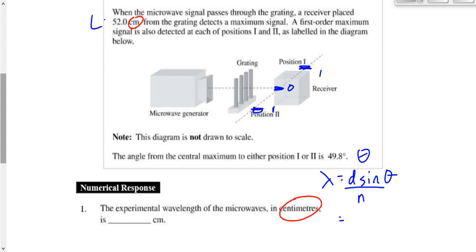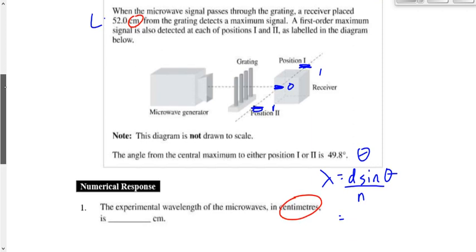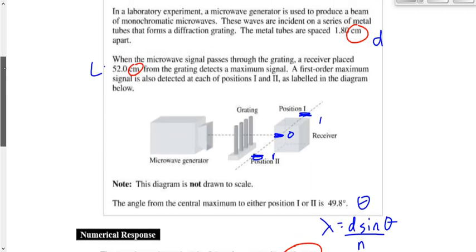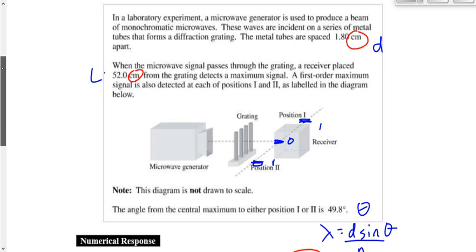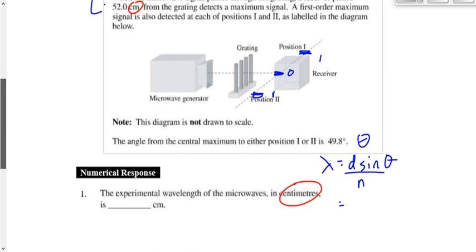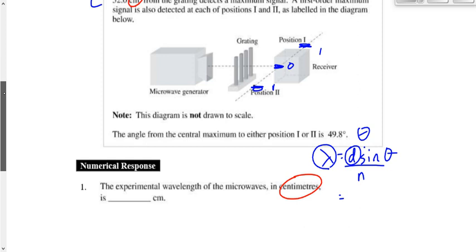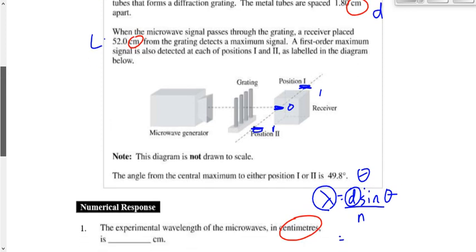Since all the data that's given to me here is in centimeters, you could actually get away with using just centimeters. Look, there's only one of those values of distance that I need, and that's going to be d. If this is going to be centimeters, then this is going to be centimeters as well. So I can leave that as centimeters if I want.